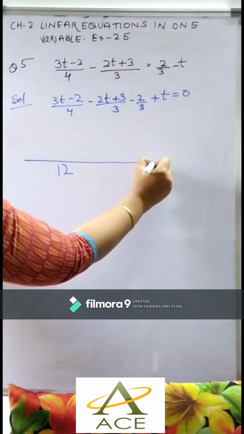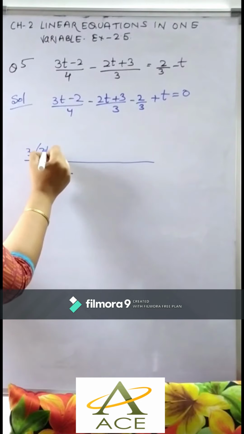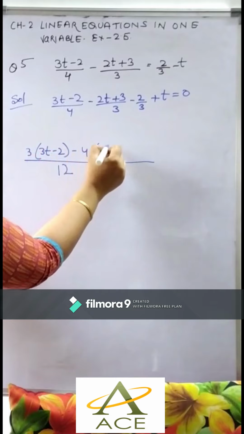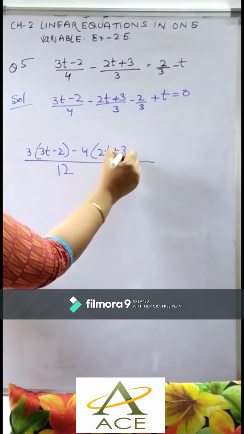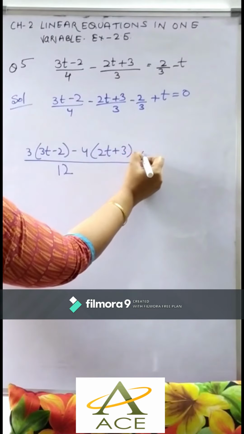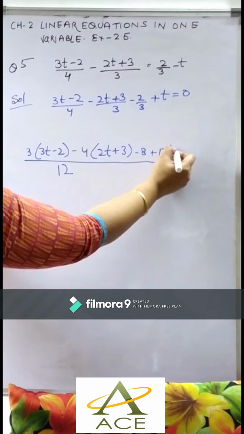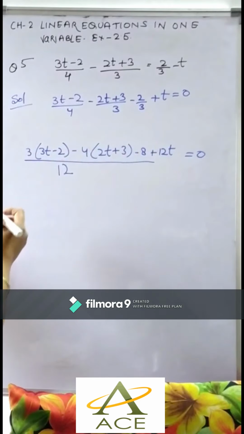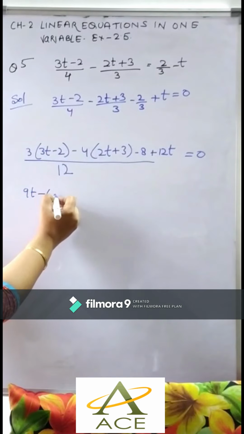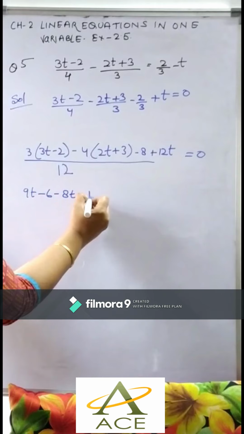Now 3 times 3t minus 2 minus 4 times 2t plus 3 minus 8 plus 12t is equal to 0. 9t minus 6 minus 8t minus 12.